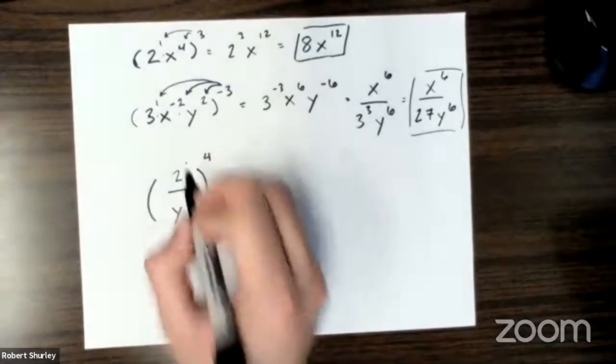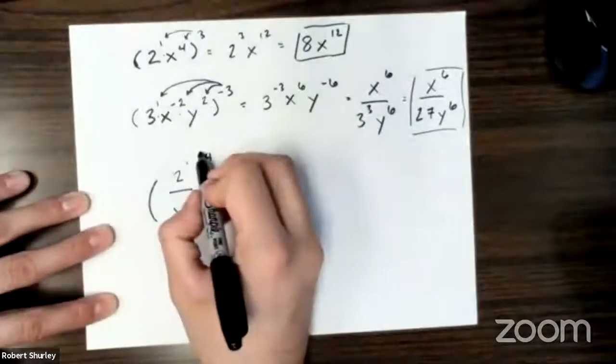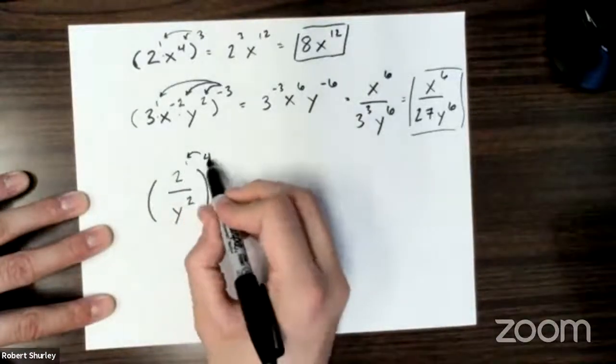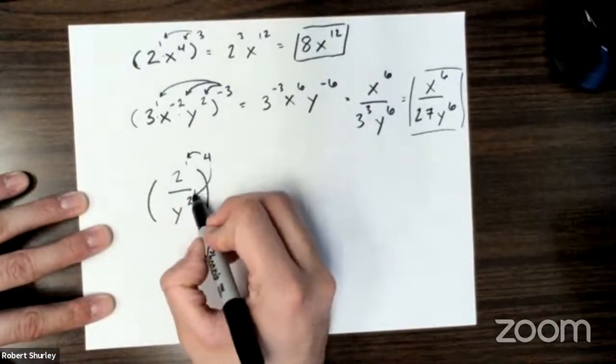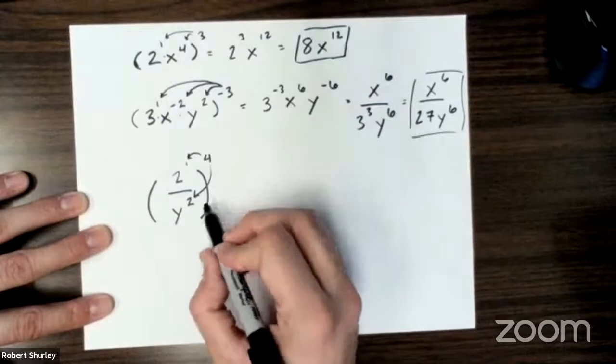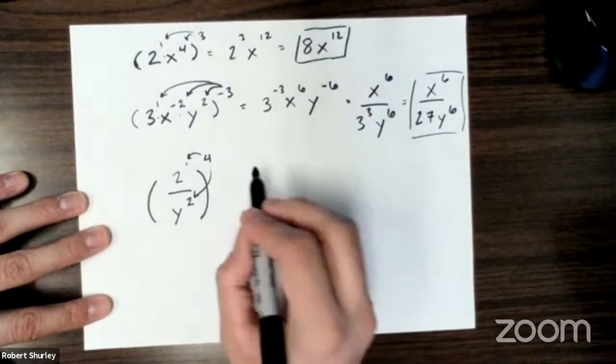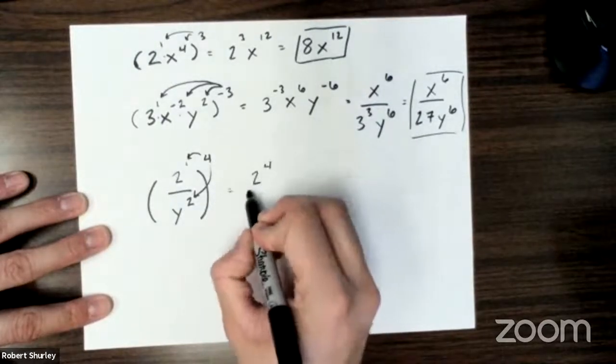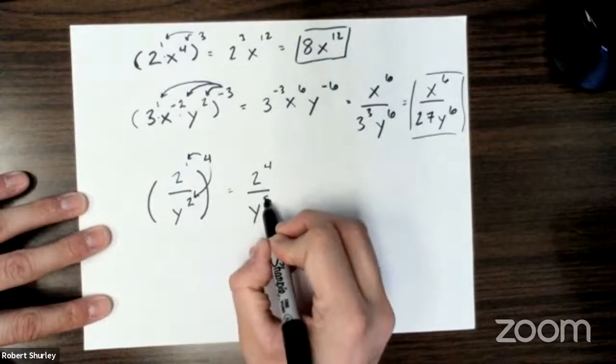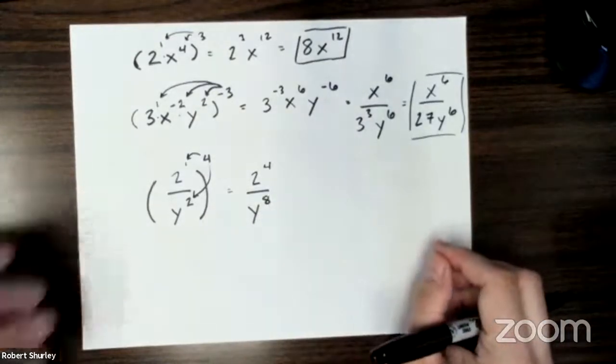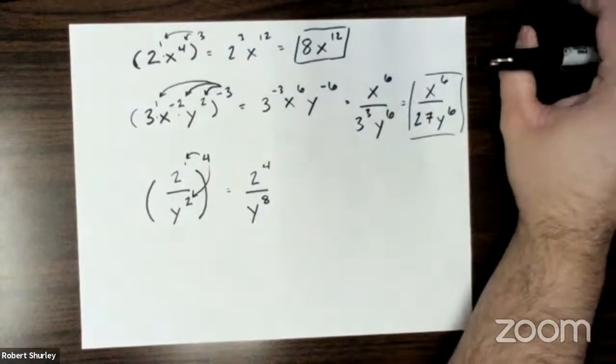So again, this 2 is raised to the first power. So this winds up being 2 to the 4th, because 1 times 4. And the denominator is going to be y to the 8th, because it's 2 times 4. This becomes 2 to the 4th over y to the 8th. Okay?